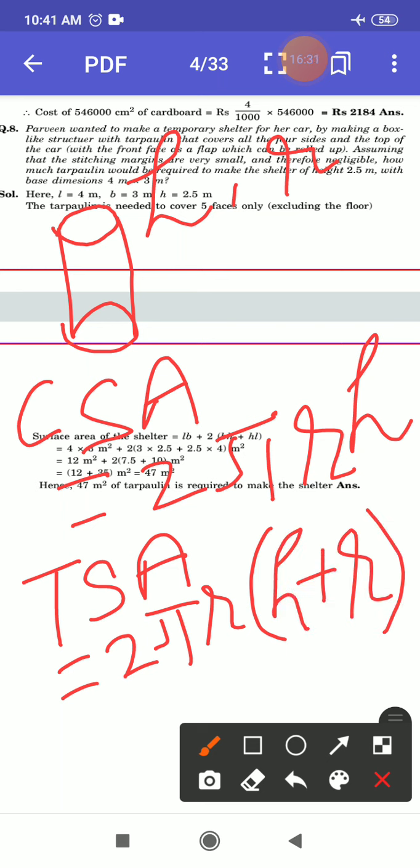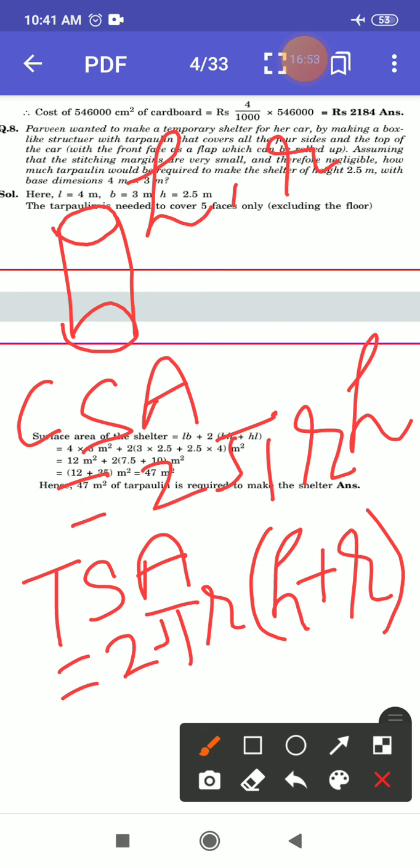So these two things you have to learn for considering exercise 13.2. Write these things in your notebook. That is the formula that is used in exercise 13.2, and learn it before we start exercise 13.2.